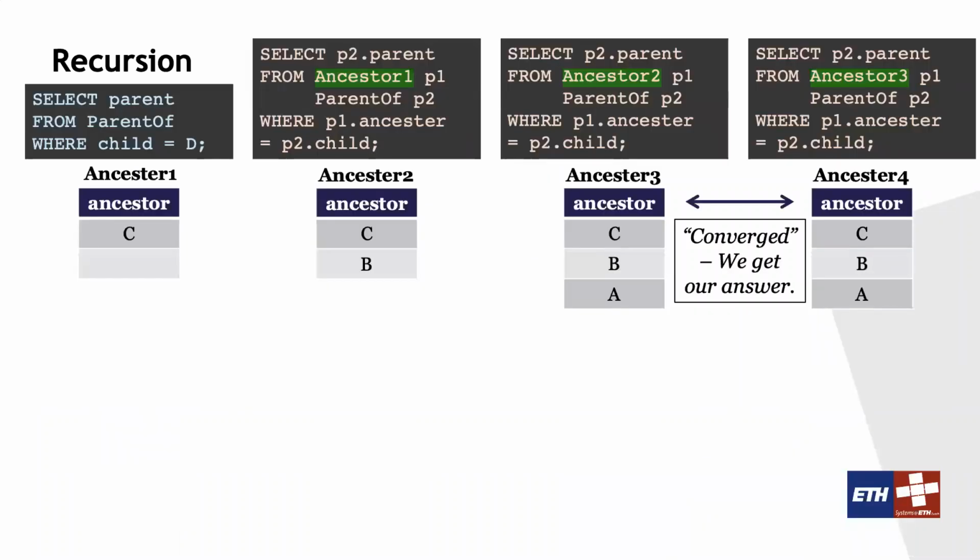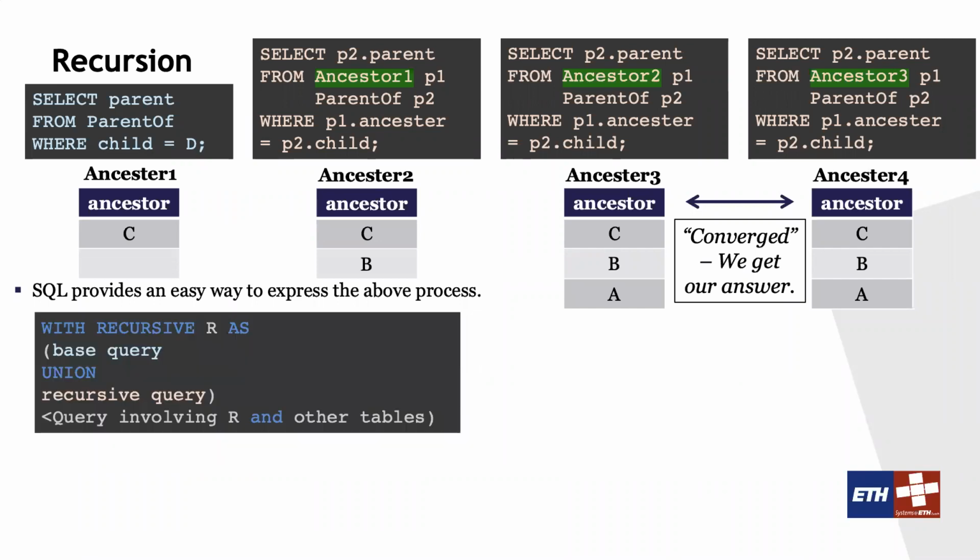So if this is the functionality that we want, how can we design the syntax to do it, right? SQL actually gives you a very easy way to express this whole process, and that is by writing something that looks like this. Here, this query contains two components. If you read the first 4 lines, that's one component, and then you have another SQL query in the 5th line.